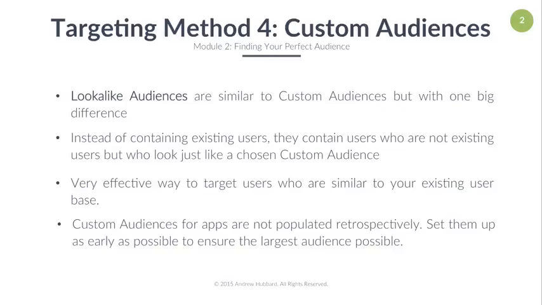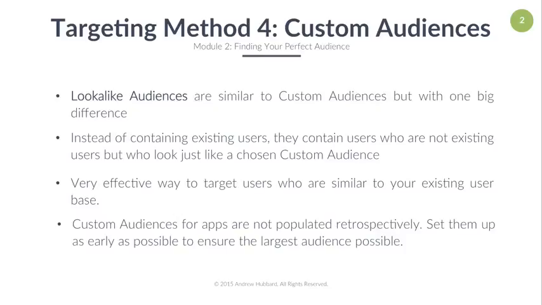What I mean by that is people are only added to a custom audience after you've set it up. So if you set up a custom audience for app installs 6 months after you launch your app, all of the people who installed your app in that first 6 months will not be in your custom audience. You'll have missed them.